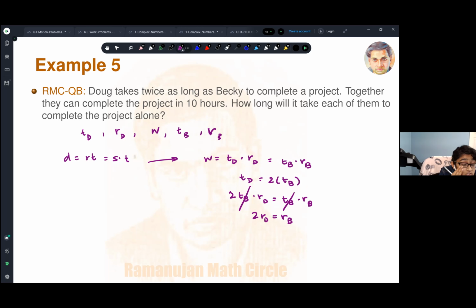Okay, so now let's go into the second sentence, which is: together they can complete the project in 10 hours. Remember when we were talking about people working together, we add their rates up.